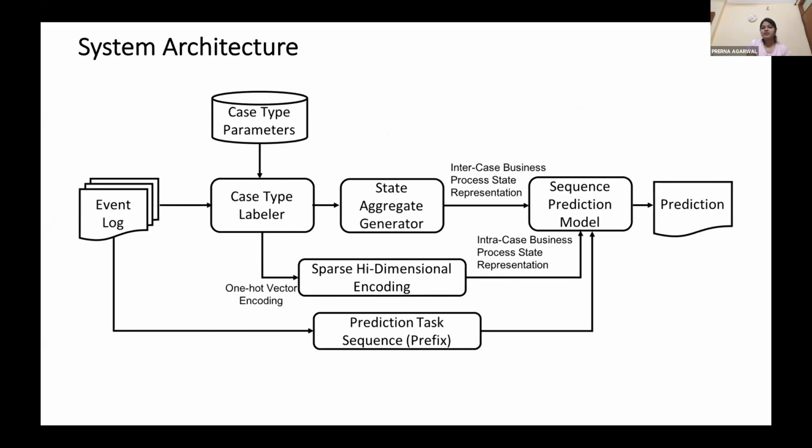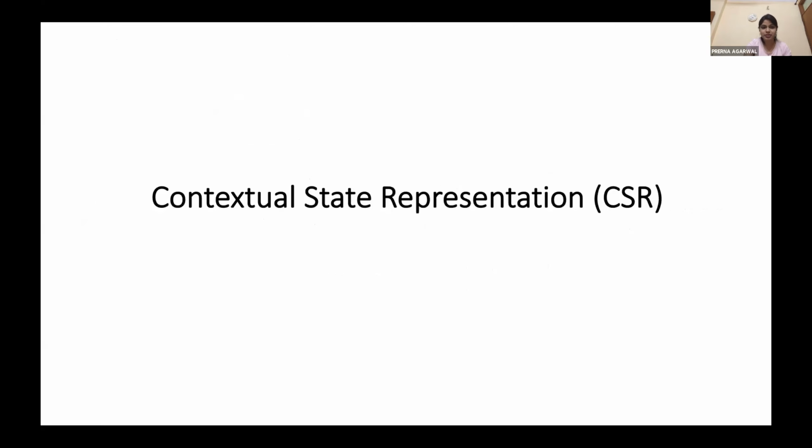Then we have the state aggregator generator, which is going to aggregate all the states of the running cases in the business process to give us the intercase representation. And we also encode the intra-case business state representation to be fed into any of the sequence prediction models. Here we experiment just with LSTMs and transformers, but it can be plugged in with any sequence prediction model for any prediction task. So let's go into the details of each module.